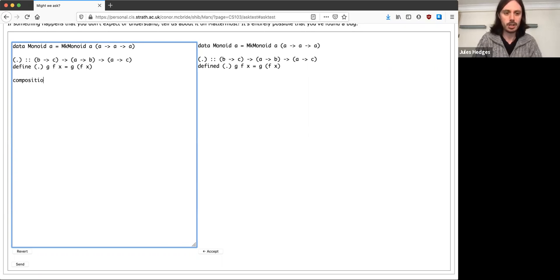So I can say composition is a monoid on functions from A to A. And I can say define composition equals make monoid. Now the neutral element, I'm going to leave as a blank for now and come back to this later. And then for the operation, I'm going to have dot. I'm going to put this in a comment because this won't compile yet.